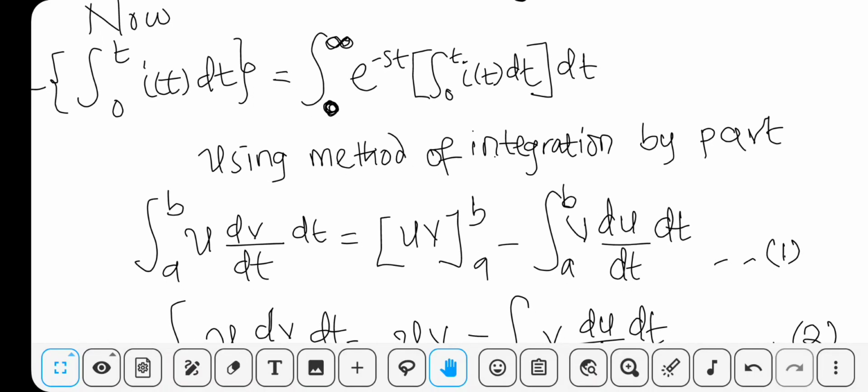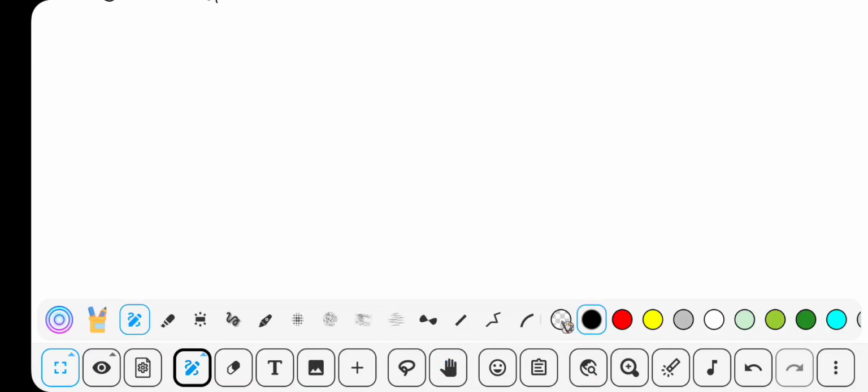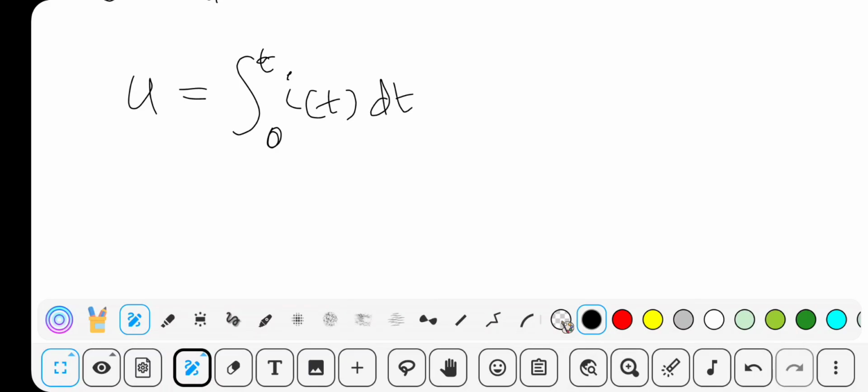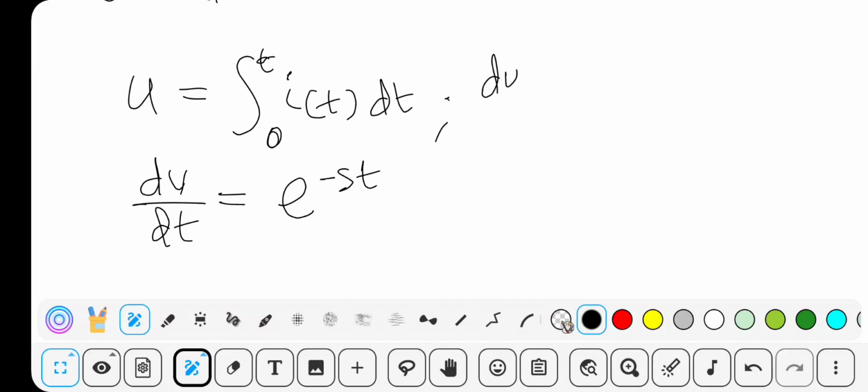From this integral, our u is the integral from 0 to t of i(t) dt. That's our u. And our dv/dt is equal to e^(-st). And the du/dt now, let's find it.